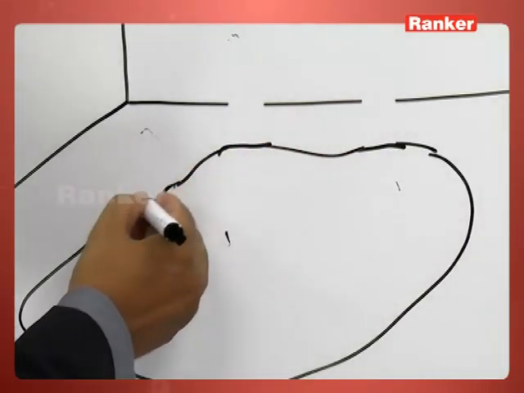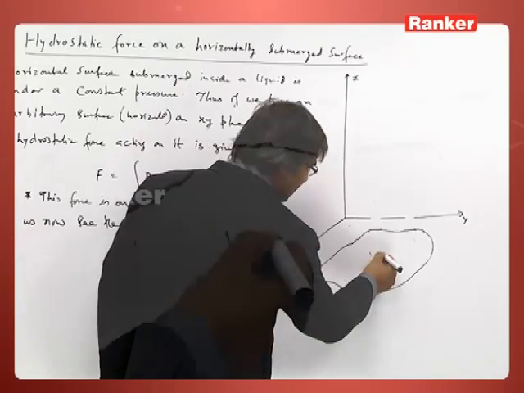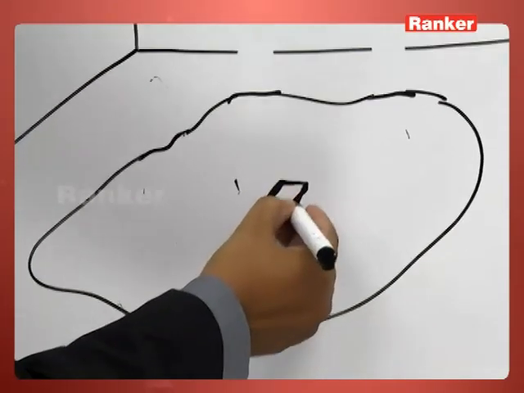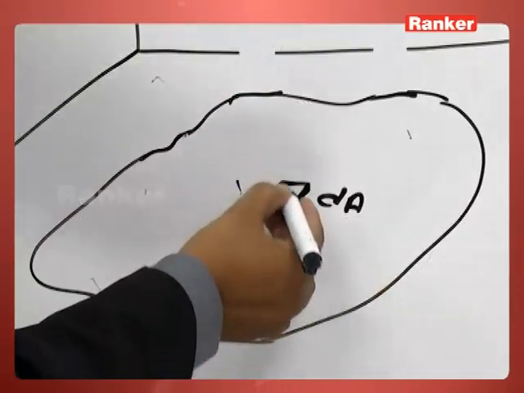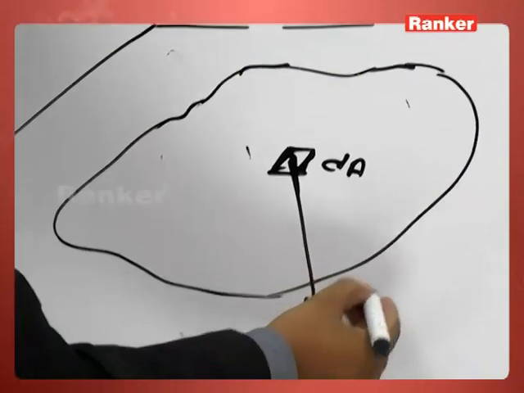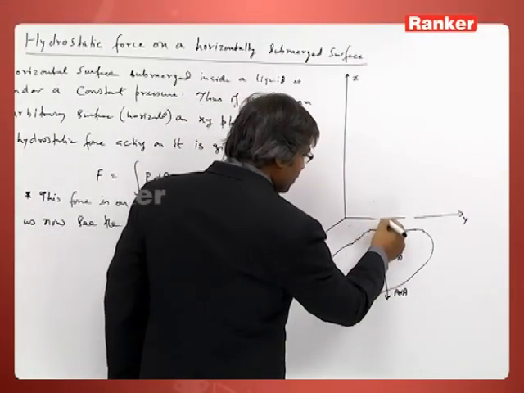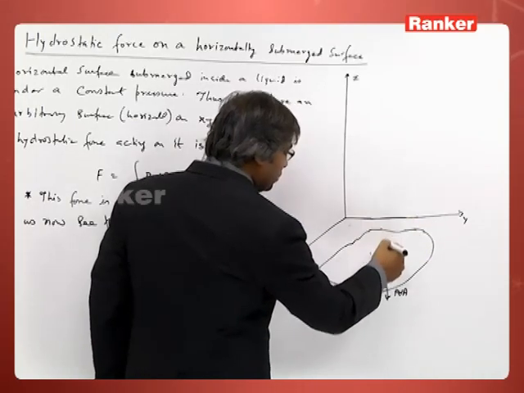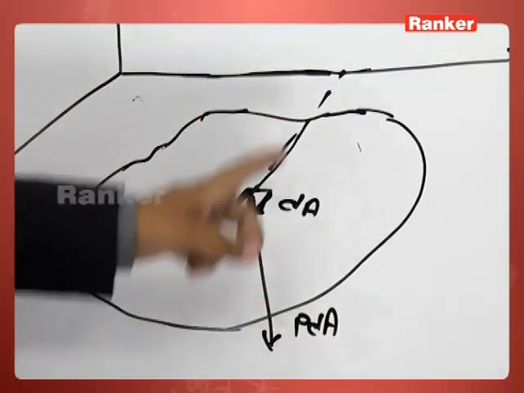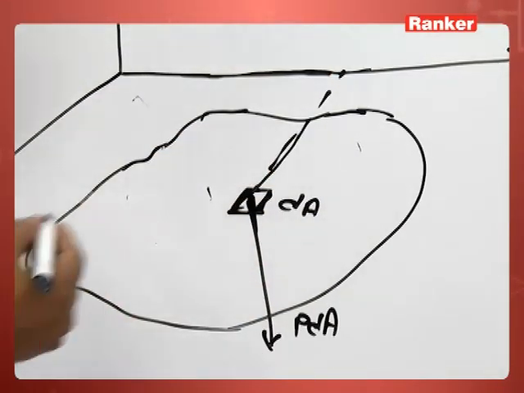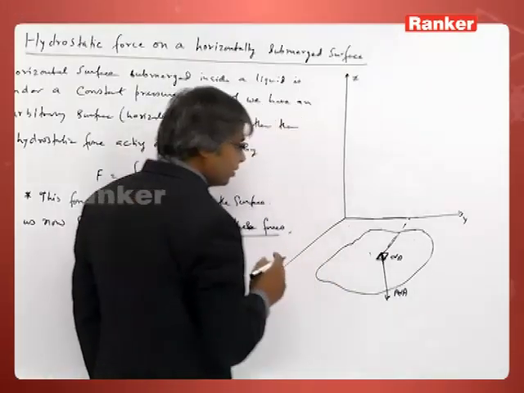So this is a small elemental area, I say it is dA, and the force is acting downward, so it is P into dA. And you see, this force can produce a rotation about this. So this force can produce a torque. Similarly, here is also a force acting, and this will also produce a torque.